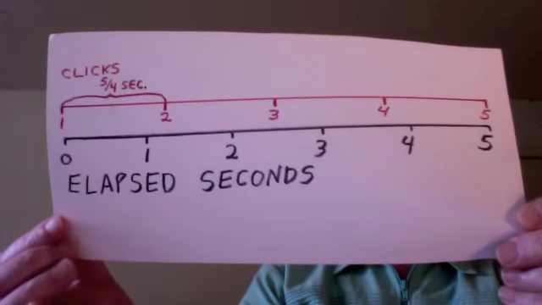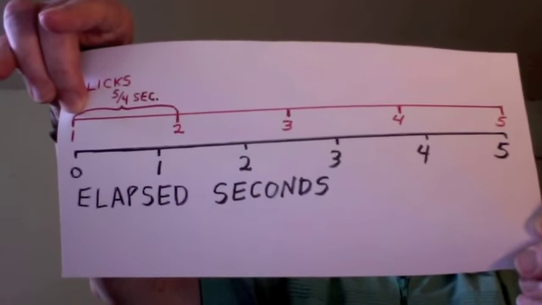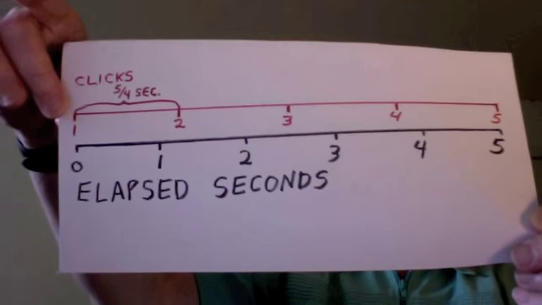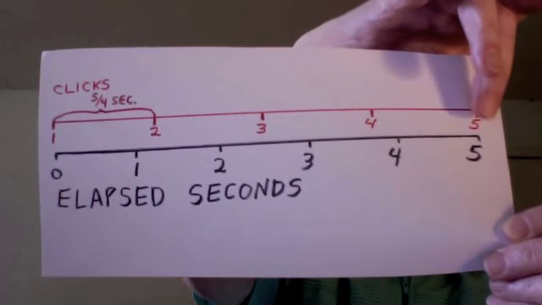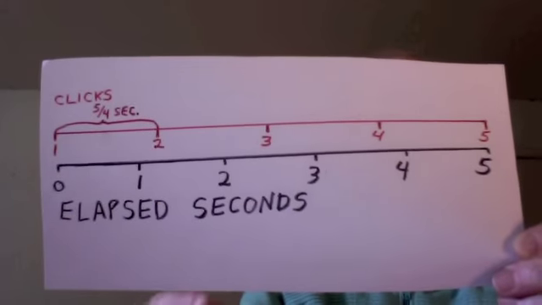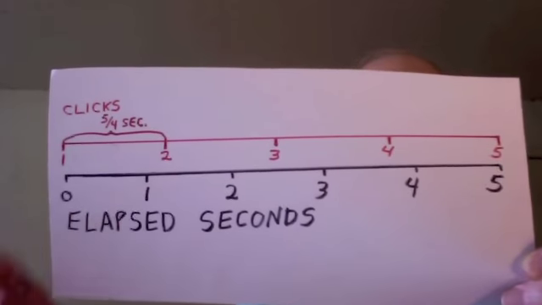And I have put with that the clicks. Click number 1 occurring at the very beginning at second 0. Click number 5 occurring at the exact second number 5. You see there is not an alignment of 1 click per second.